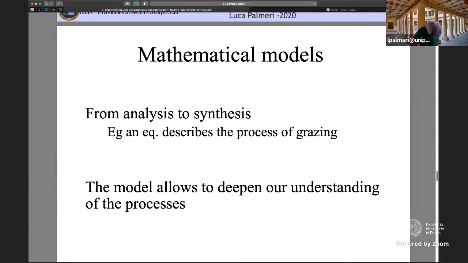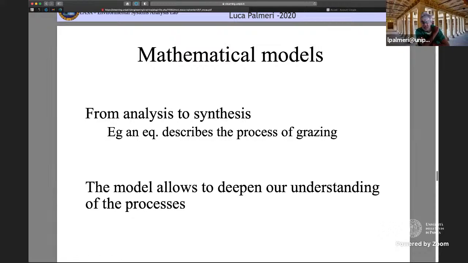Mathematical models, as I anticipated, are important because they allow us to go from the analysis to the synthesis. For example, you may see that an equation may describe the process of grazing. What is grazing? Grazing is an animal feeding on grass.